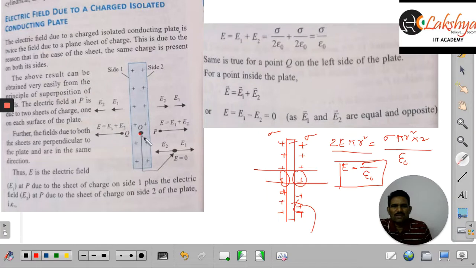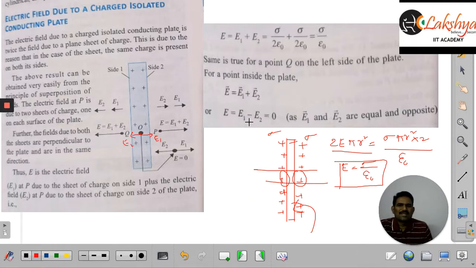Now the resultant electric field at the point O: due to this first plane, E1 will be along this direction, towards the left, and due to the second plane, E2 will be along this direction.